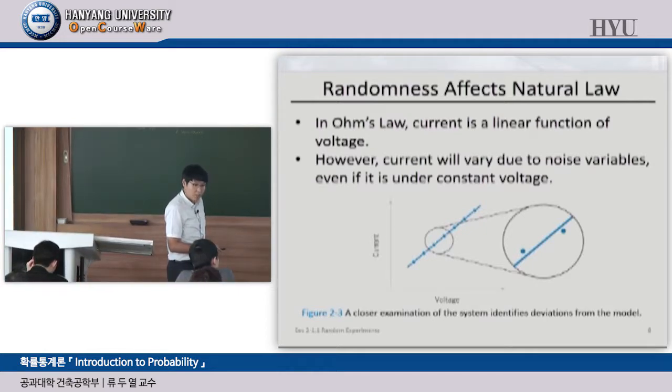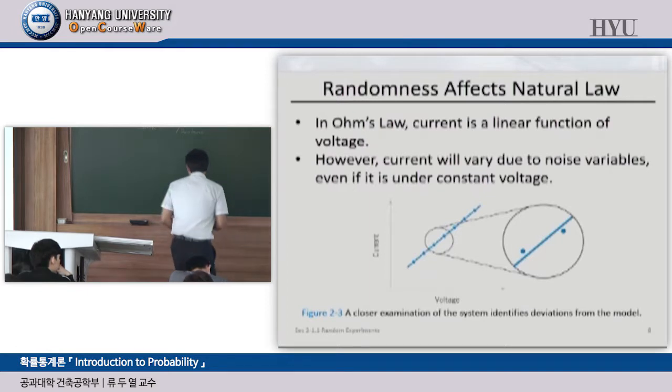And the circles indicate the experimental results, and the line indicates the predicted values from this equation. And as you can see here, the experimental results are well predicted by this equation, right? But if you enlarge this part, there is always a discrepancy between the experimental data and the predicted values due to the unknown noise variables.